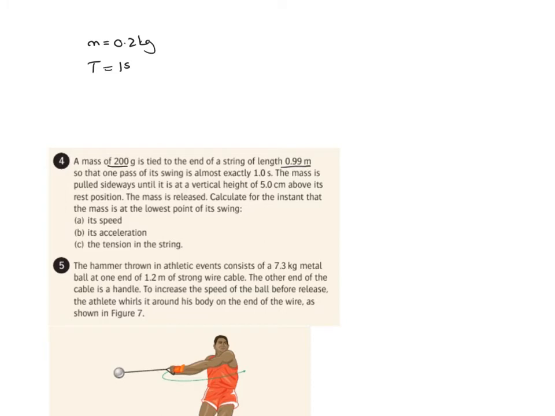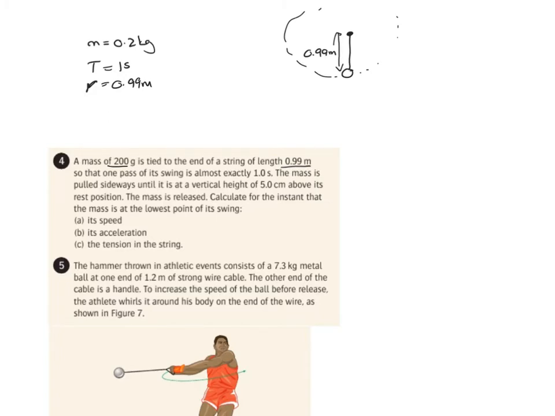So if we're moving something vertically, the radius is 0.99 meters, because if you have a length, a string, that's got something hanging off it, and you're spinning it, then the length is the radius of the circle.